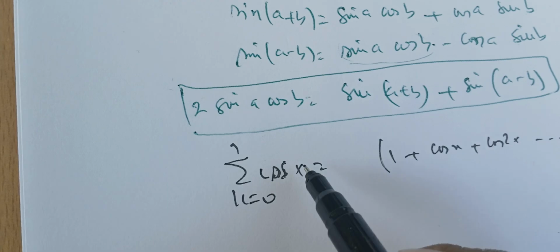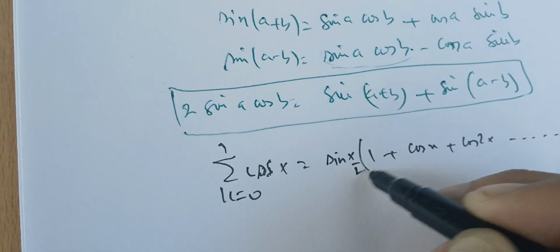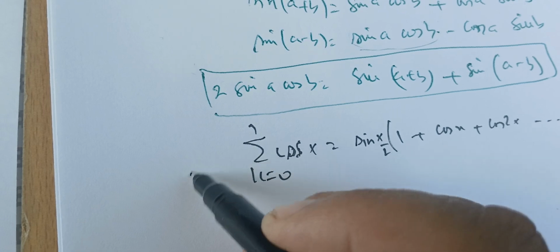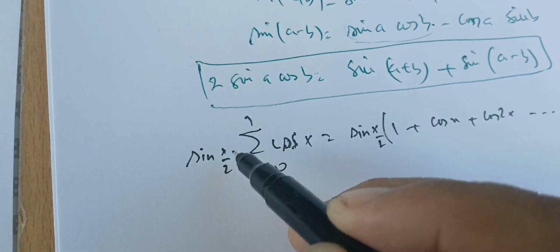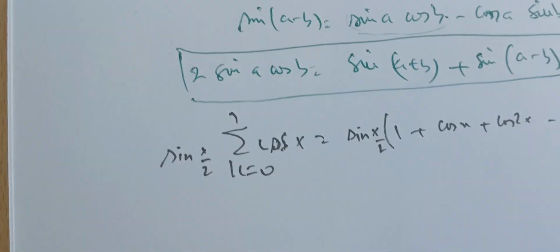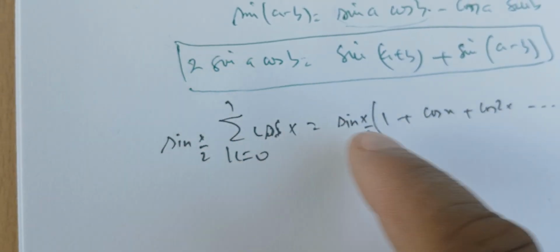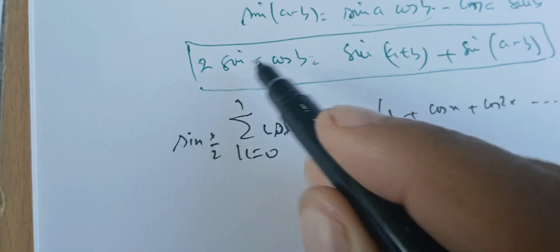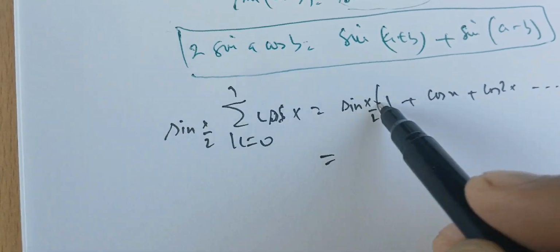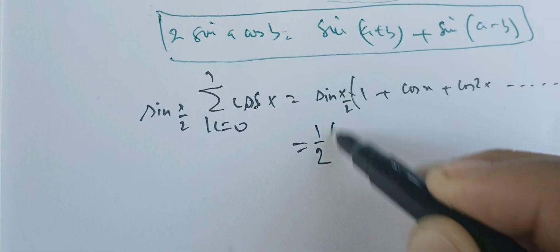Here we multiply by sine x over 2. To use our formula, we need to divide by 2 because we don't have this 2 in these sums here. So we have 1/2.